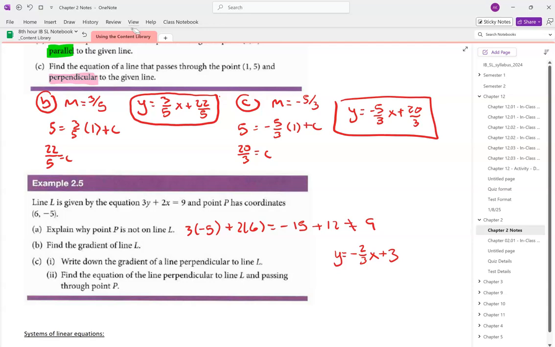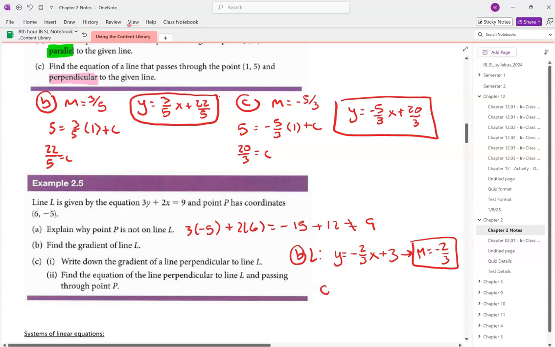That's also L. So what's that tell me the slope is? -2/3. What will be the gradient of the line perpendicular to L? Good. And then what's the equation of the perpendicular line to L that passes through that point P?